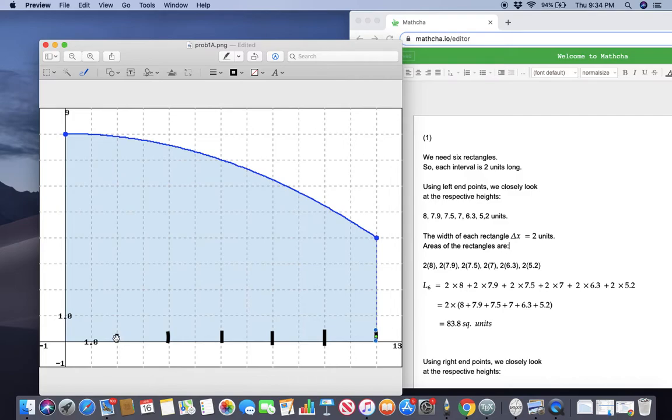This is the left end point of the second interval, left end point of the third interval, and so on. So why is this important? Well, because for a rectangle, width is not sufficient. You also need length, or in our picture, height. So the height corresponds to which number? This number or this number? Which one is the left? This one. So that's the height for the first rectangle.